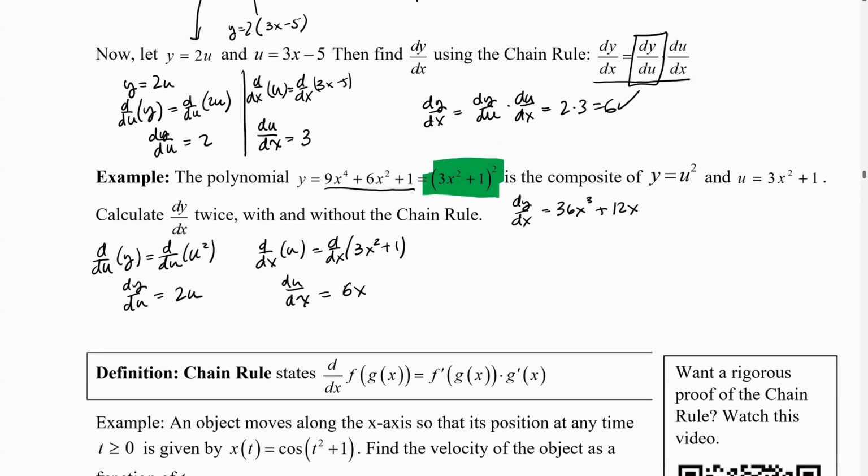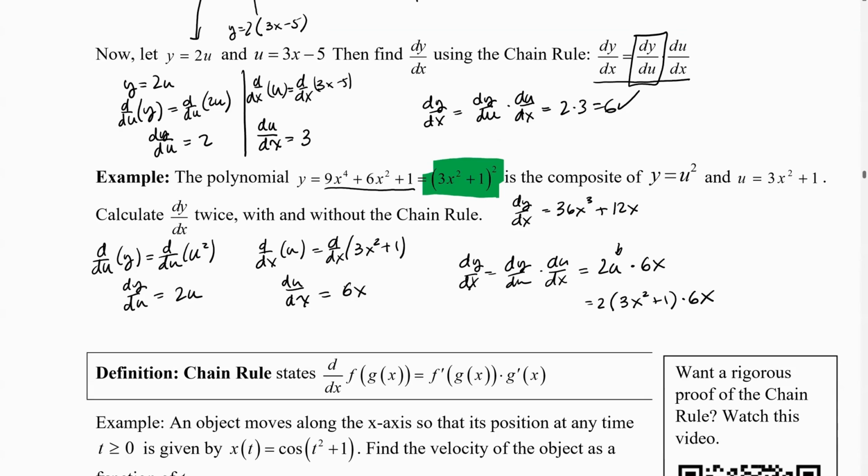So if I ask what is dy/dx, you say, well, it's dy/du times du/dx, which is equal to 2u times 6x. But I don't like that u being in there. Perhaps I really should think of this as 2 times u, where u is 3x squared plus 1, times 6x.